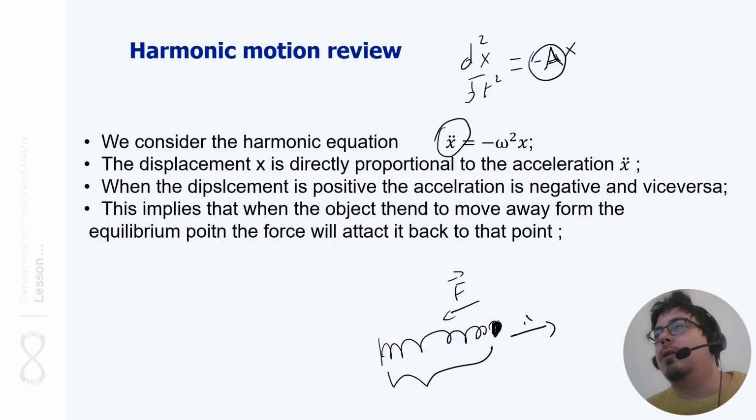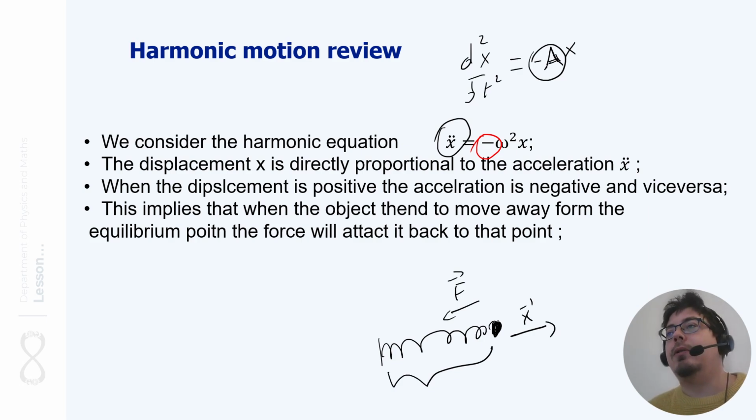This is a very simple example that gives you an idea of why there is this important minus sign in the harmonic oscillation, because the force is attractive towards the equilibrium point.